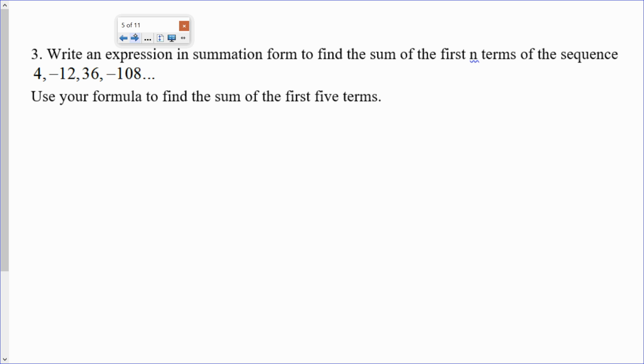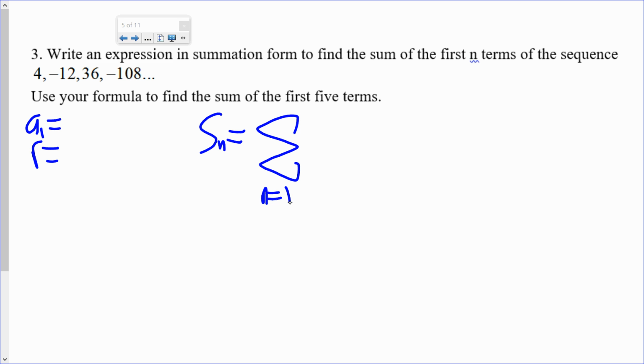Just a little hint here: A1 and R. In fact, you know what? Why don't you write down what you think A1 and R are? A1 is 4.